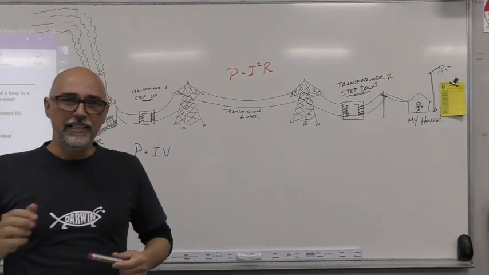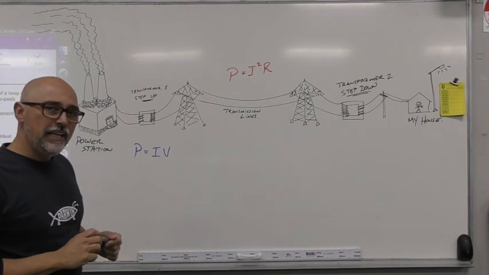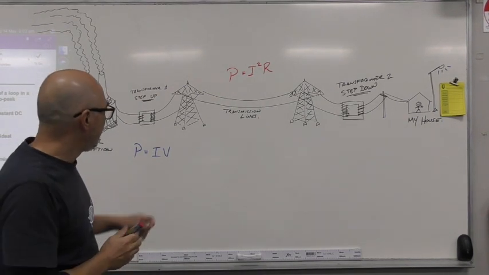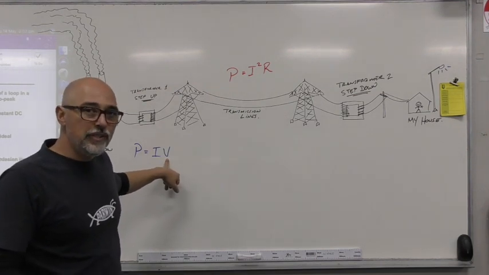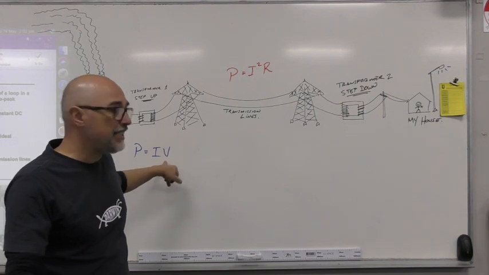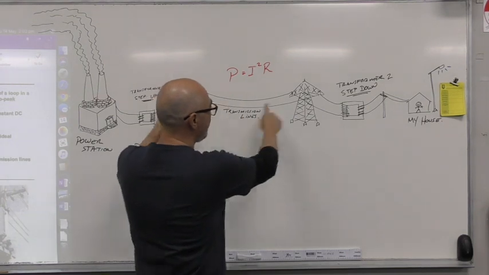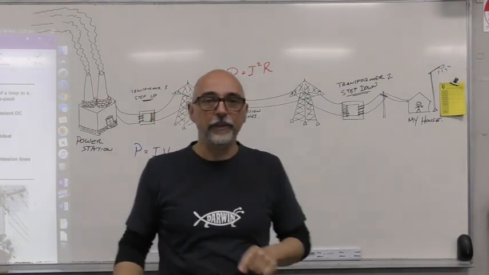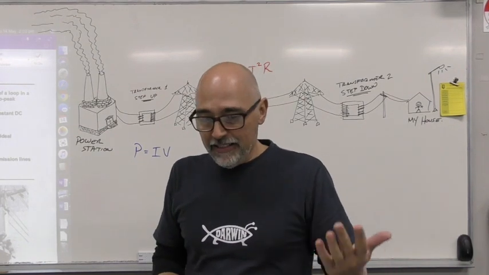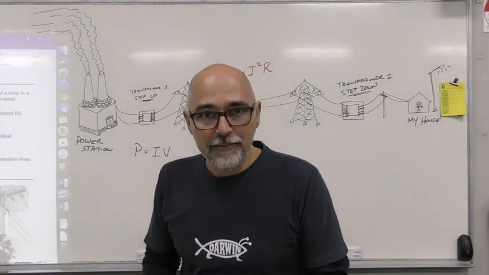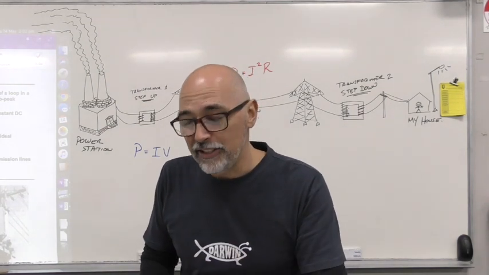And right here, you can maybe already think of a reason why stepping your voltage up dramatically would reduce the amount of power that you lost in simply getting it from point A to point B. I've drawn these transmission lines really short because the board isn't very big, but in reality, if you've driven through the country and seen those high tension power lines, they go on for miles and miles and miles. Even kilometers too if you're using metric.